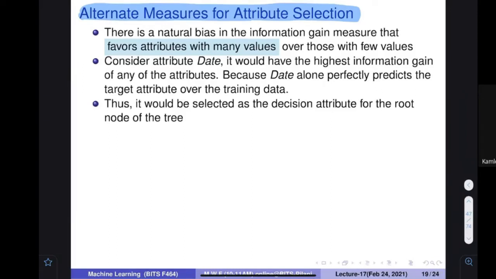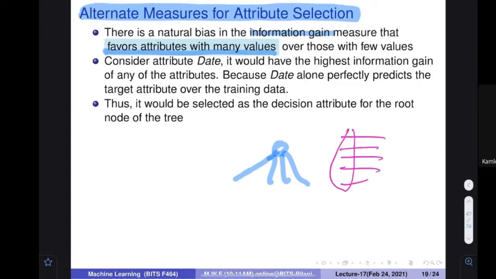Information gain favors attributes with many values. If there is any attribute that has many values, it has a higher value for that. For example, in a table, if there is an attribute called date, the date would always be different. So for date, the information gain is going to be the highest.